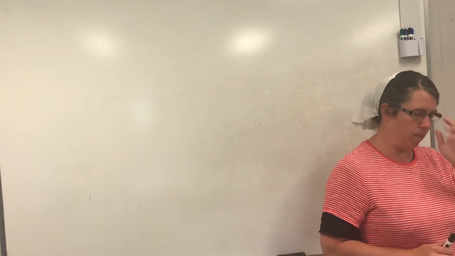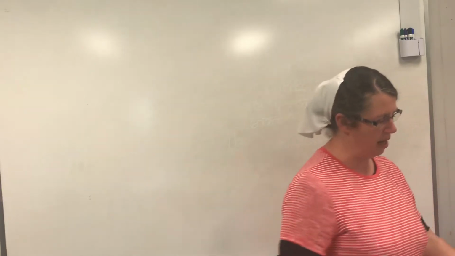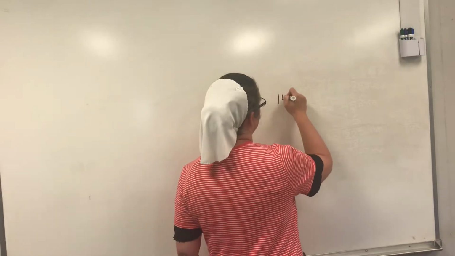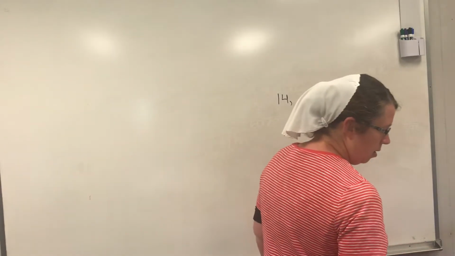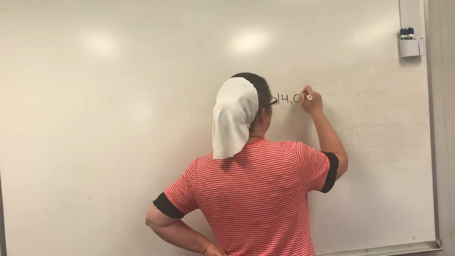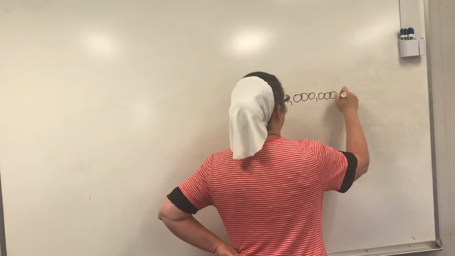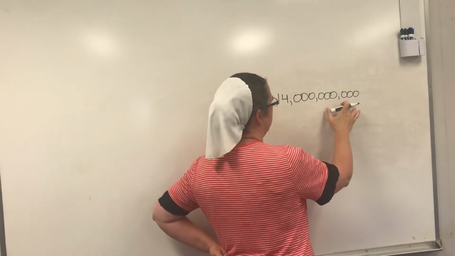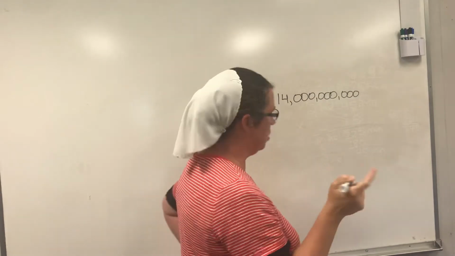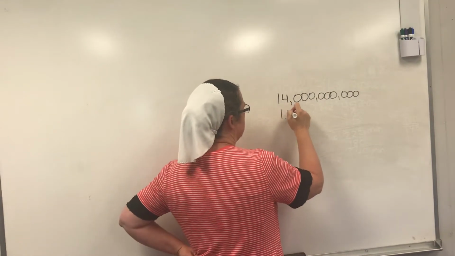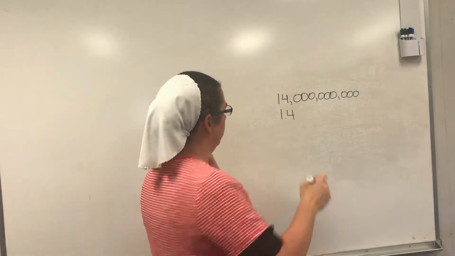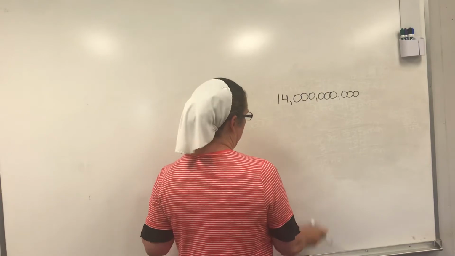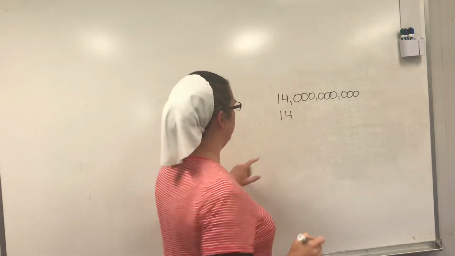All right, so what they're teaching us, and I'll do the example that they gave us, was 14 billion. This is thousand, million, billion. All right, remember scientific notation, it is always a decimal point after the first number, okay? So it's always one number in front of the decimal point.